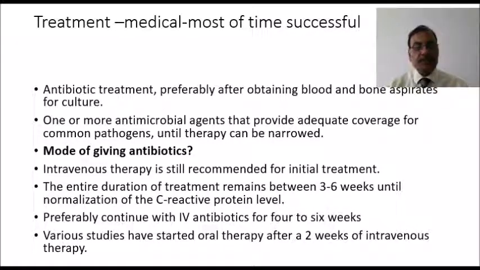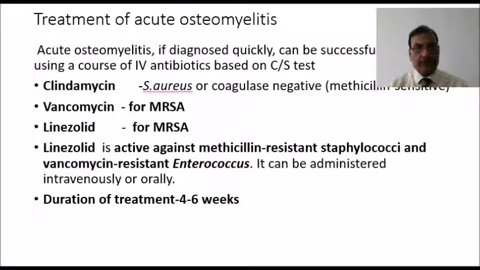Many say it should be continued for 4 to 6 weeks. And many of the authors have come to the conclusion from their statistics that you can give antibiotics intravenously for 2 weeks and then substitute with oral therapy. So there are different schools of thought.